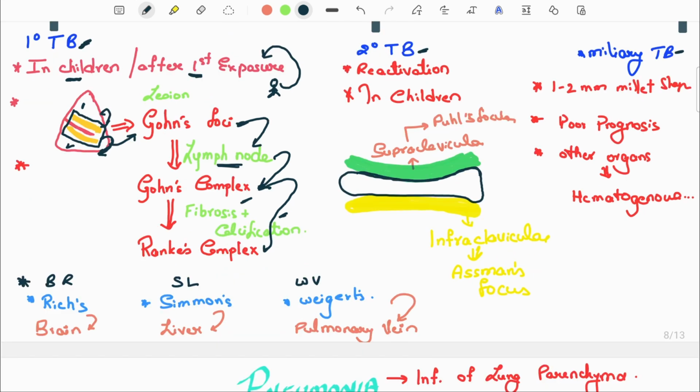And if there is involvement of other organs like brain, liver, pulmonary veins, as if brain is getting involved, it is called Rich complex. Liver involvement is Simon's complex. Pulmonary vein involvement is Weigert's complex. These are the other names that one should know.